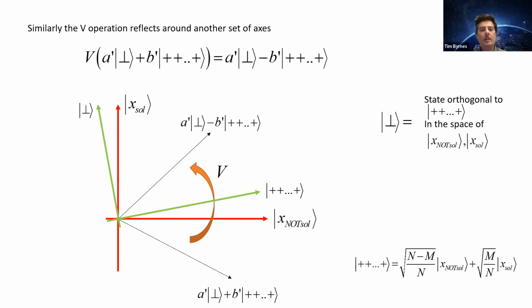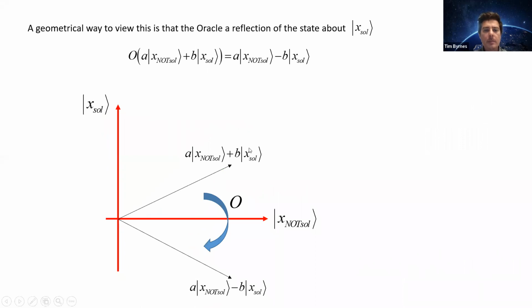Let me try to rephrase your question just to see if I got it right. According to this, if the oracle applies a minus sign to the solution state, then the axis that you rotate around is the other one, right?